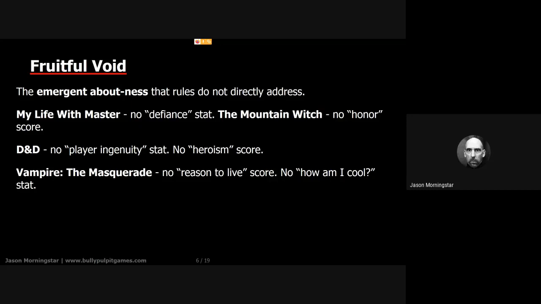In Vampire, it's a game about why you continue to exist and also why you are cool. And those are not things that have numbers attached to them. Those are things that are sort of part of the emergent about-ness. They're part of the fruitful void. And I think that's a beautiful way to think about games. There's no sexism resistant trait in Night Witches, but it's a game about defying endemic sexism.